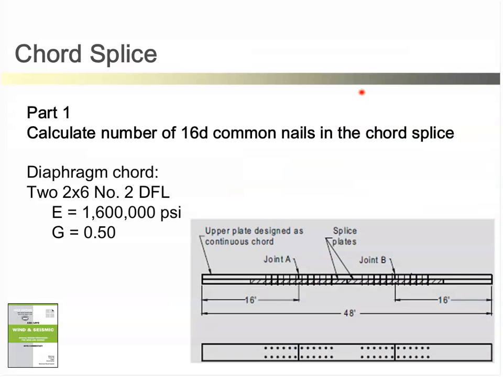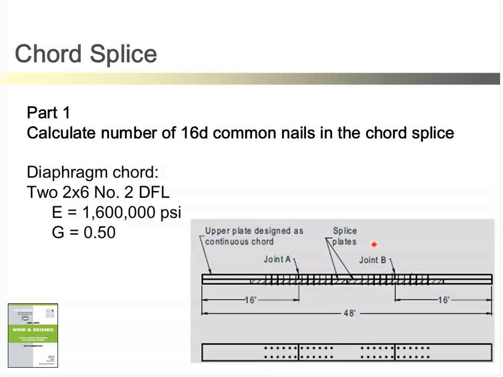Another point that I'll come back to here as far as calculating the number of required nails in the chord splice is that we make an assumption here that the upper plate is designed as the continuous chord, and the lower plates would act as splice plates. Again, that's engineering judgment. So we're going to assume the cross section of this diaphragm chord is the cross section of 1 2x6, even though there are 2.